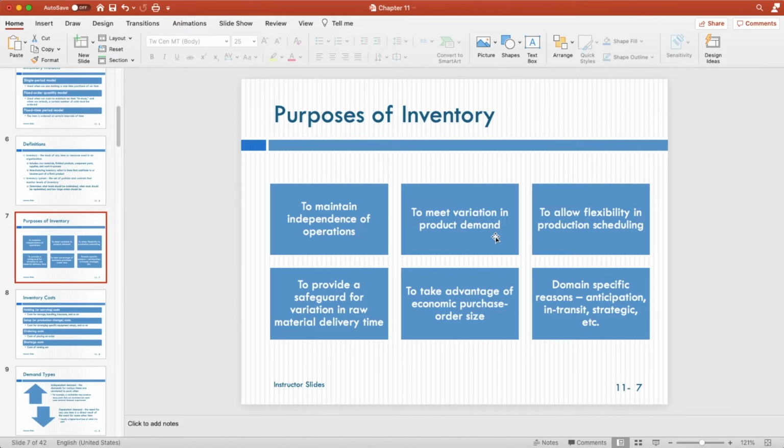But in the other case, if the market demand is not 15, it's 30, but you only produce 20, then your market demand is higher than your production level.